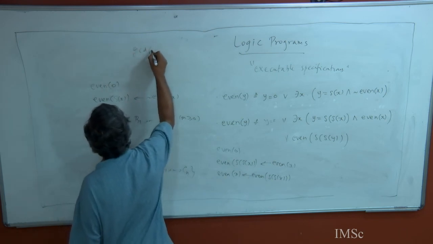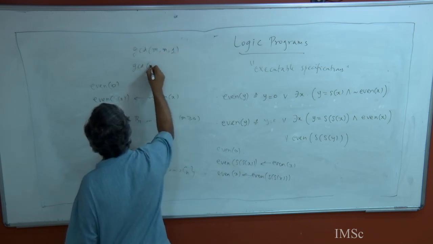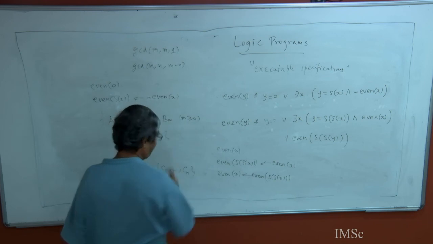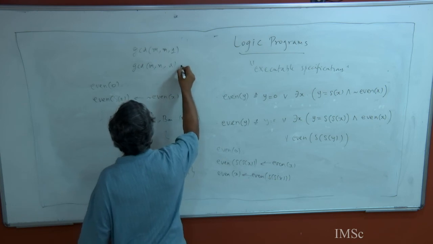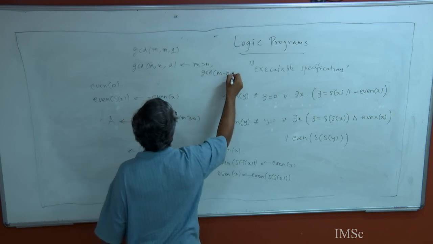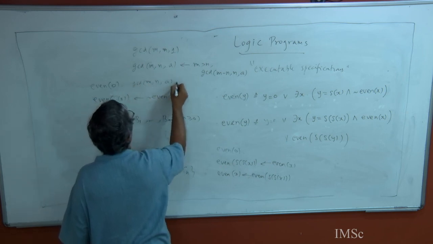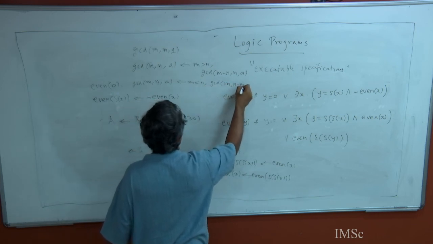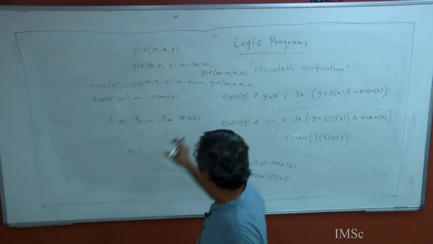GCD of M and M is M. GCD of M and N is A if M is greater than N, and GCD of M minus N, N is A. GCD of M and N is A if GCD of M, N minus M is A. And that's a Prolog program, a logic program, because this is certainly true, right?